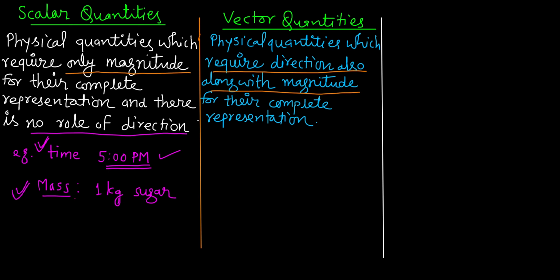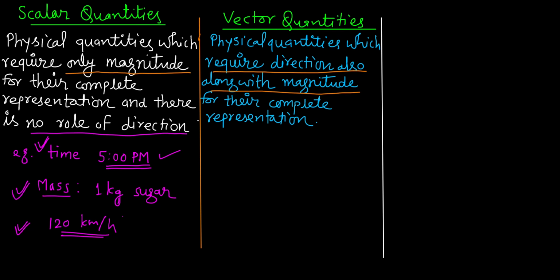Similarly, suppose two cars met with an accident unfortunately, and the first car was traveling with a speed of, suppose, 120 kilometer per hour. You won't ask me in which direction the car was moving, north, east, south.